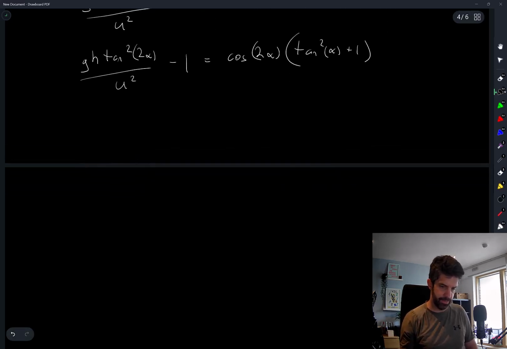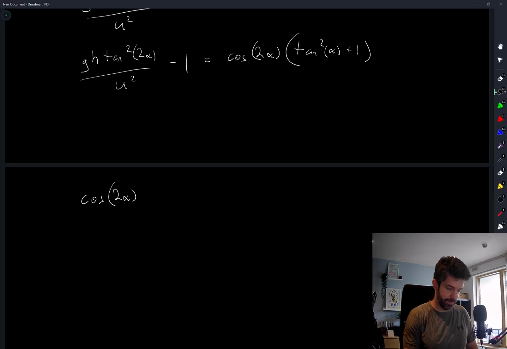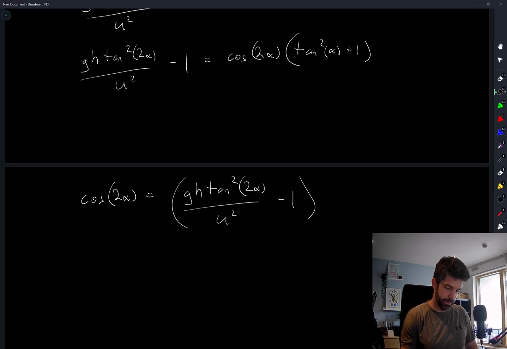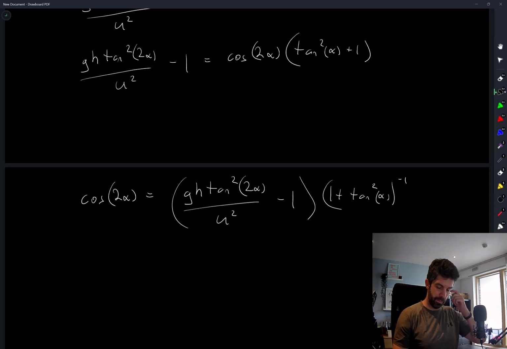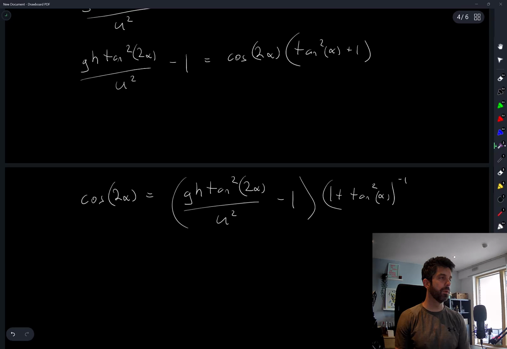Maybe I've made a mistake, or maybe there's a simpler way of expressing this, but I simply get that cosine of 2 alpha is equal to g h tan squared of 2 alpha divided by u squared minus 1, times 1 plus tan squared alpha inverse. This is in fact 1 plus tan squared is what? Secant squared?